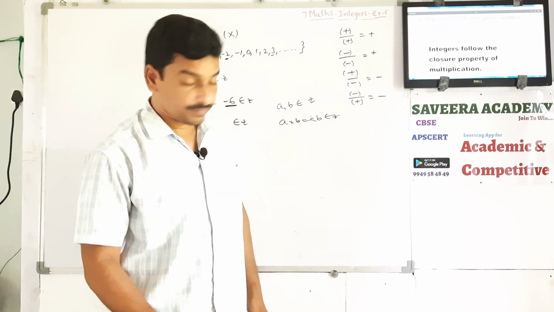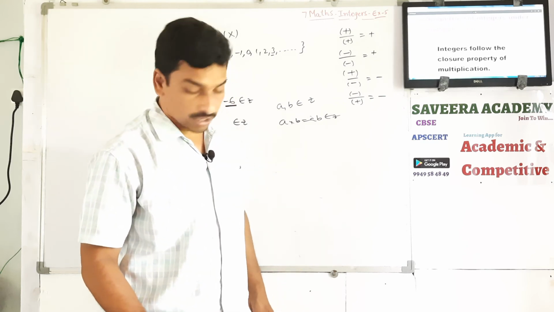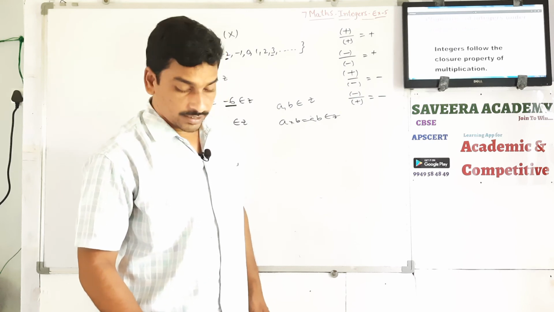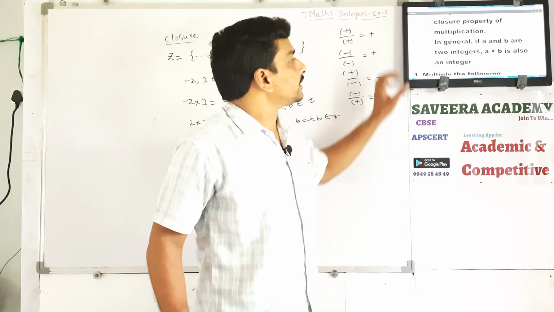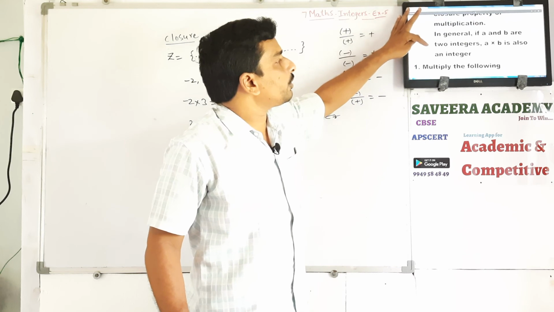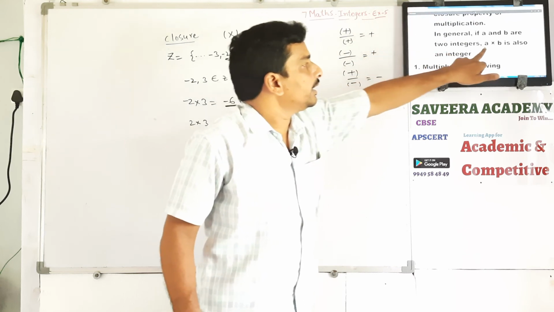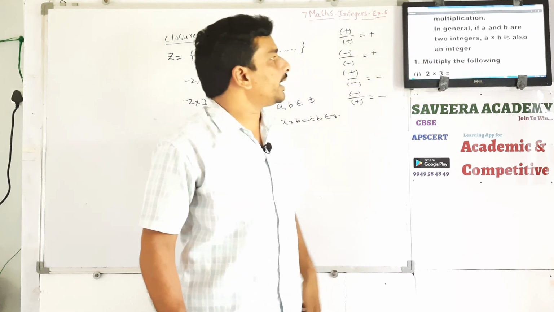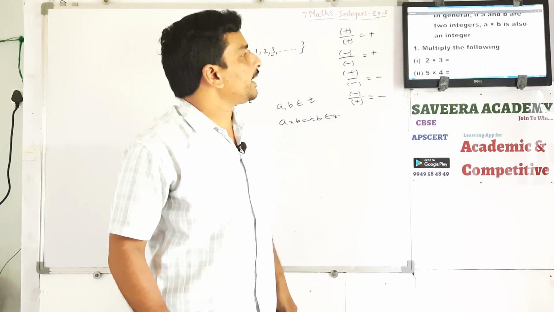This is called the closure property under multiplication.